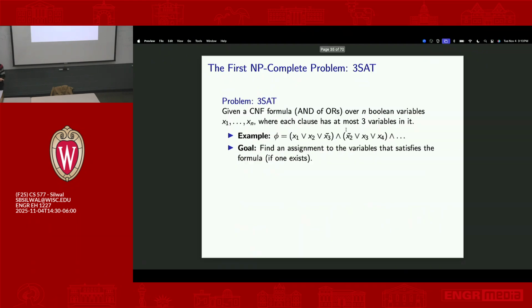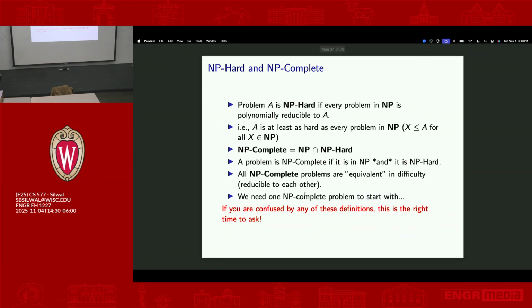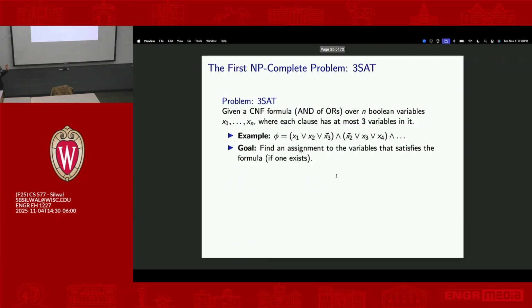Okay. So it turns out, to even show that, we need a problem to start with, right? What is a canonical hard problem that's in NP complete, okay? So it took a long time for people to find such a problem, okay? It took like 20 years, but some people found it, okay? Now that's what we're going to talk about, okay? So in some sense, you can think of this problem. It's called 3-SAT.